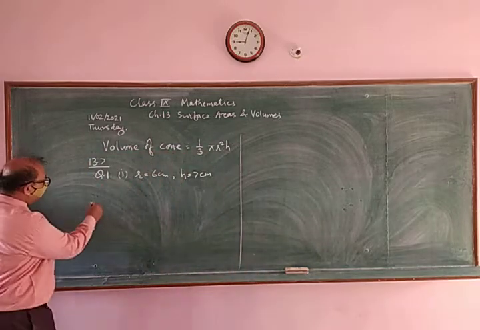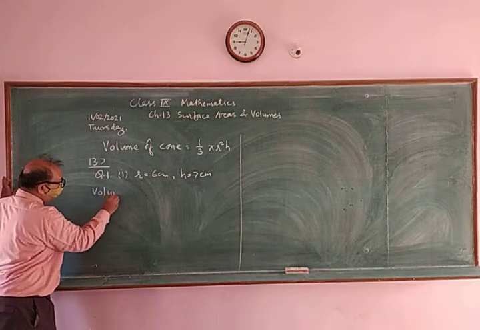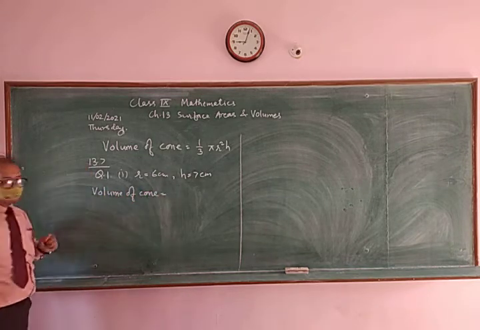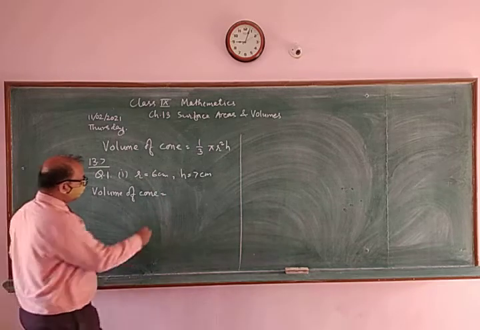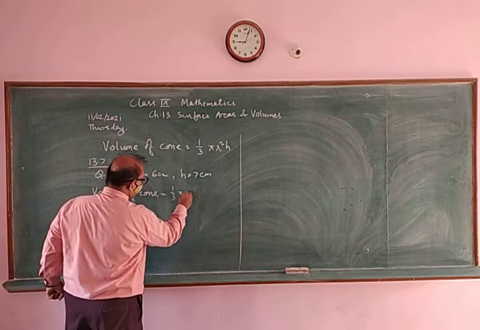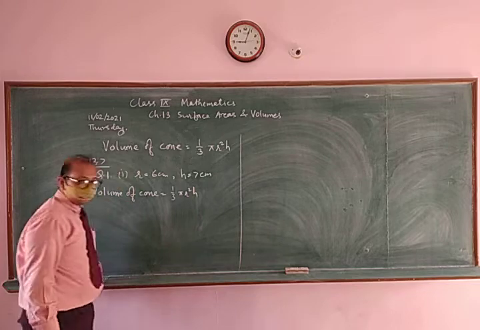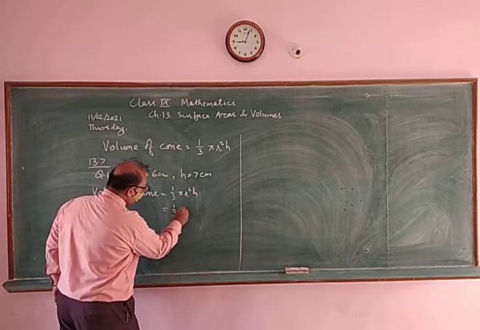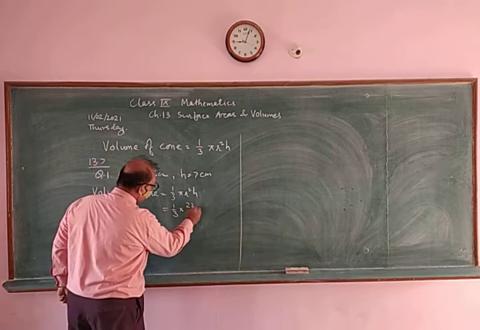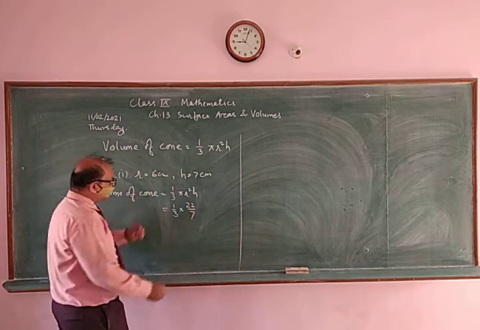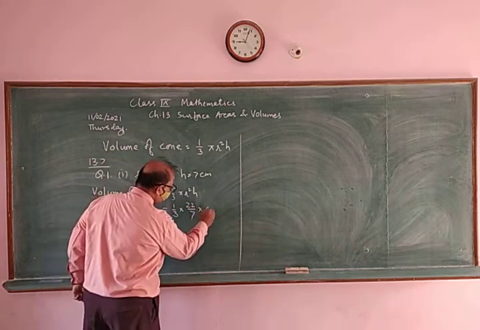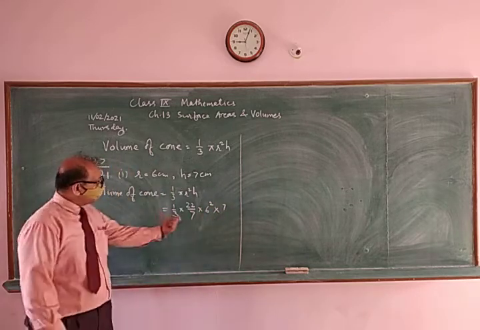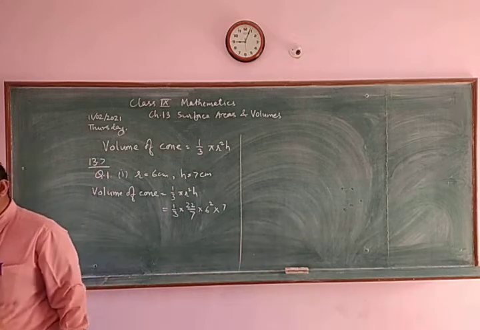So simply, volume of cone is equal to, the formula is 1/3 pi r square h. Put the value: 1/3 into 22 by 7 into 6 square into 7. Now what is the unit of volume?